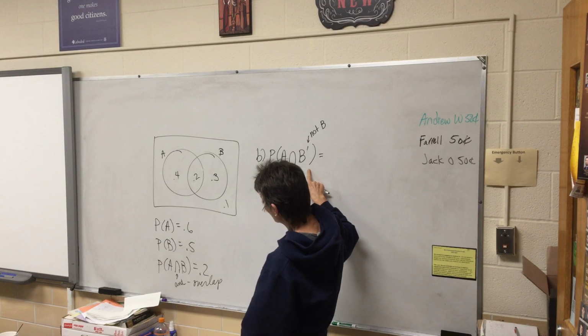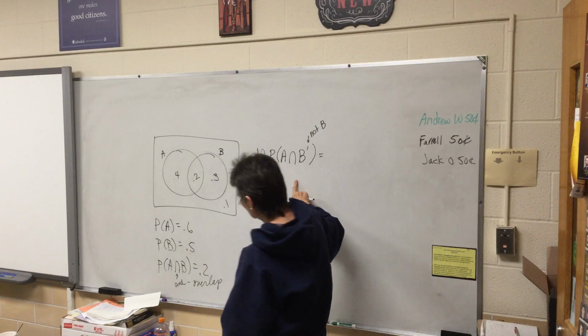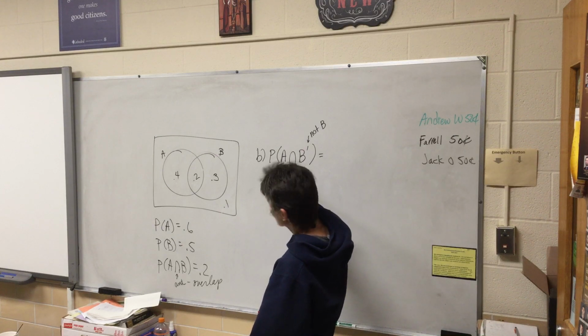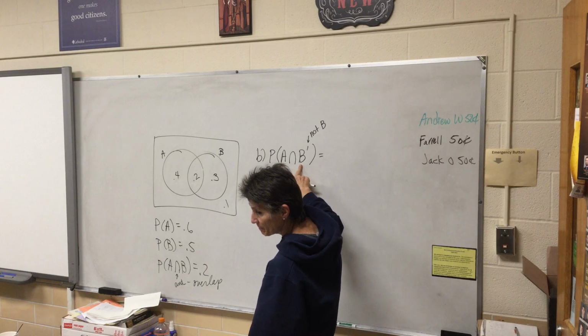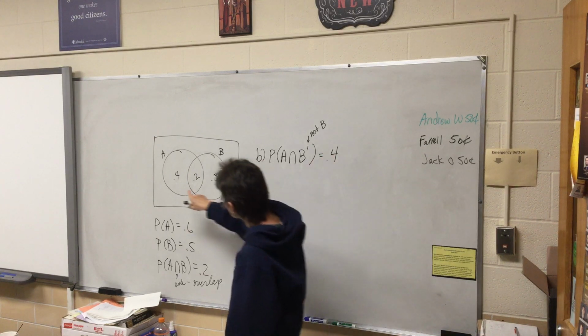Where are those people? 0.6. Be careful. 0.6 is everybody that likes apples. And we don't want everybody who likes apples. We want the ones who like apples and not bananas. 0.5. Right here, guys.